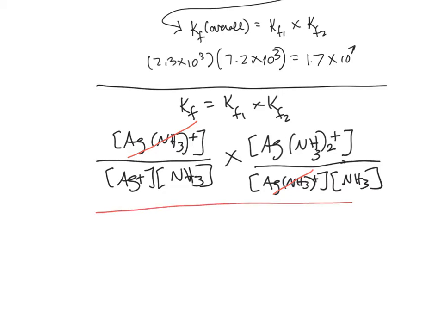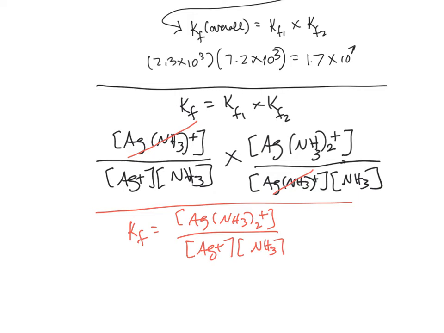Then Kf for the overall reaction will be equal to the silver NH3 2 plus ion divided by silver plus and NH3 squared. And that will be equal to 1.7 times 10 to the 7.